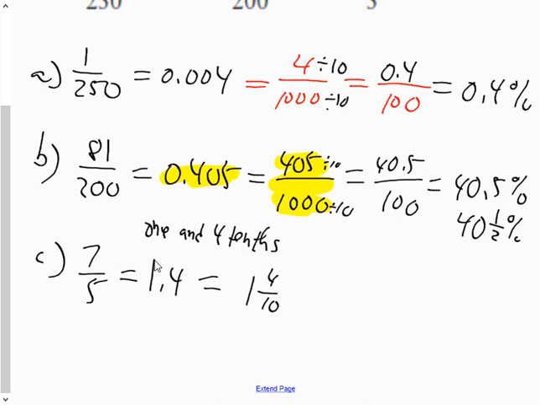Now, when we make percentages, we don't want to deal with mixed fractions. It's much easier to deal with an improper fraction. So 1 and 4/10 as an equivalent fraction is 14/10. And as an equivalent fraction out of 100, because we're making percentages, it would be 140 out of 100, so our final answer is 140%.